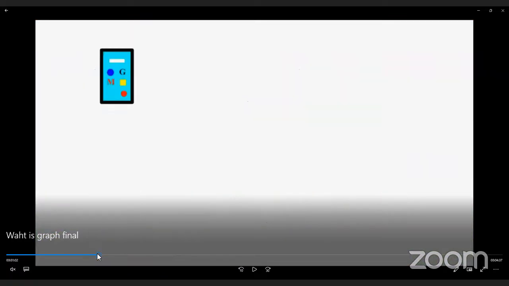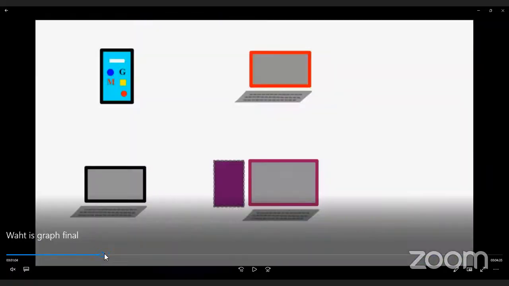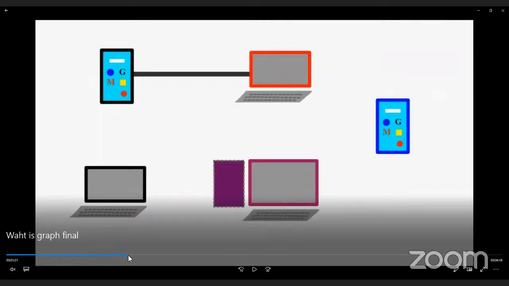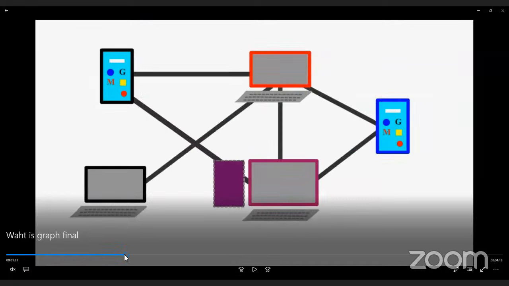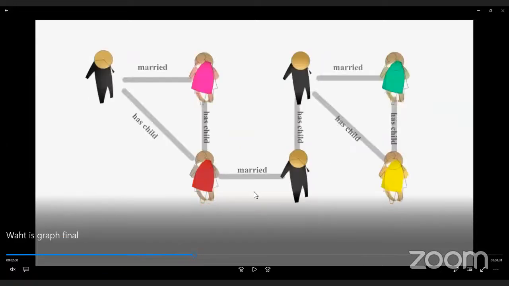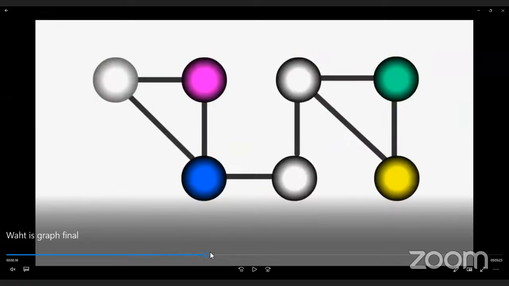Or relations between people like this. Then you make a graph like this.